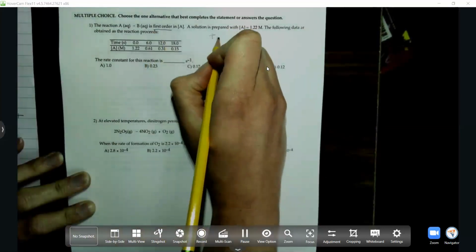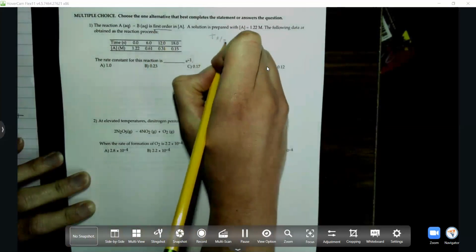So important information in the question is when they tell you it is a first order reaction, it has an important relationship with the half-life. So half-life is the time it takes for half of the starting material to be used up.